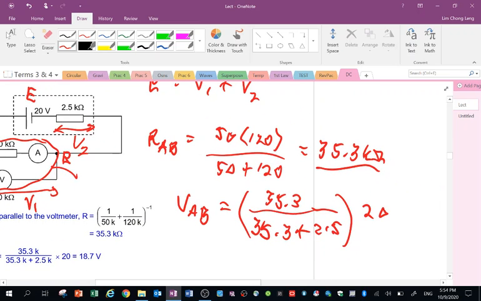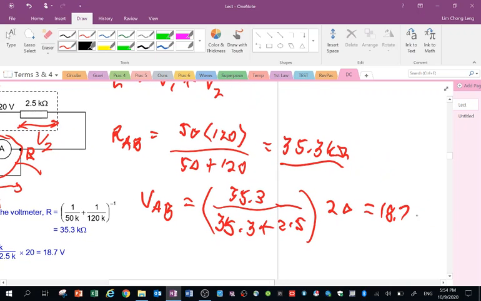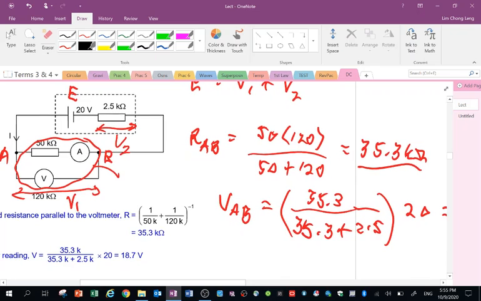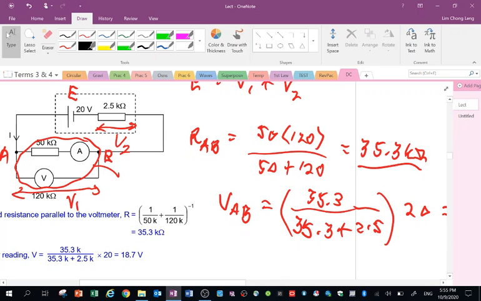If I do that, I get 18.7 volt. So the PD across AB is 18.7 volt.